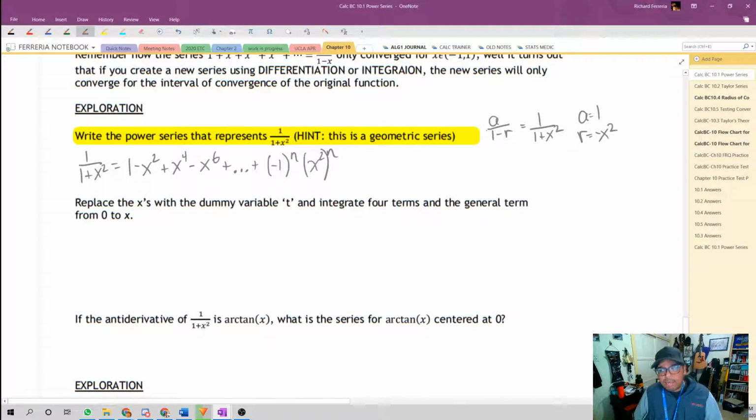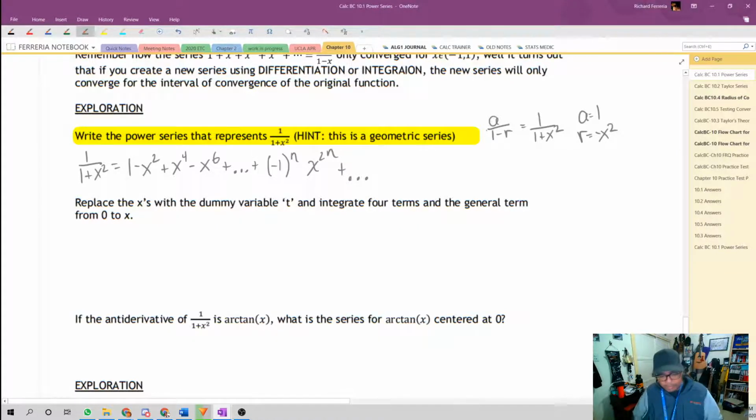So that's (-1) to the n, x squared to the n. And then I'm going to use properties of exponents. So x squared to the n is the same thing as x to the 2n power. So here is my power series to represent 1/(1 plus x squared).